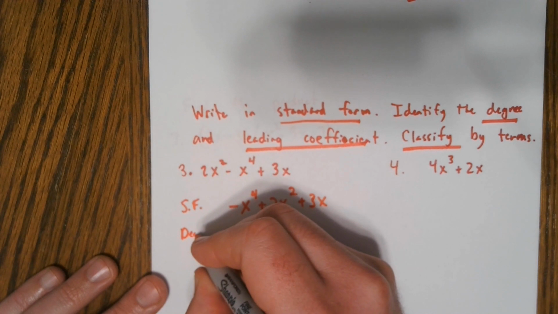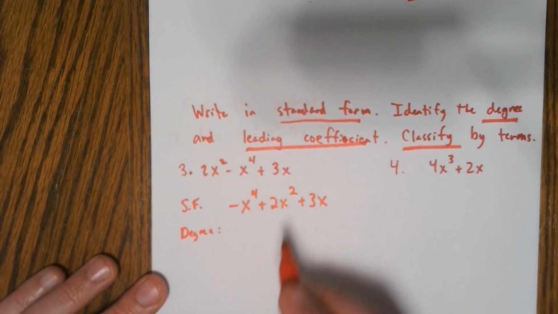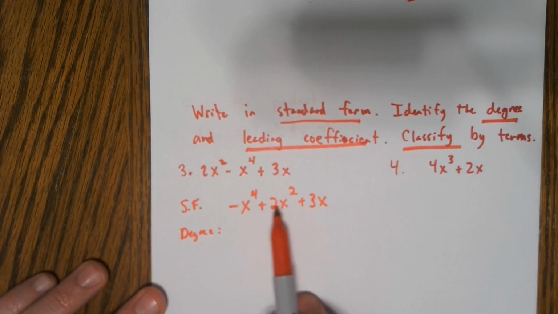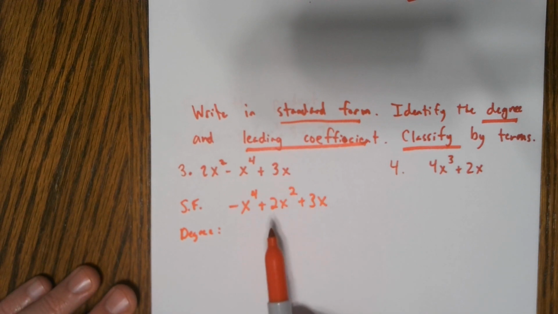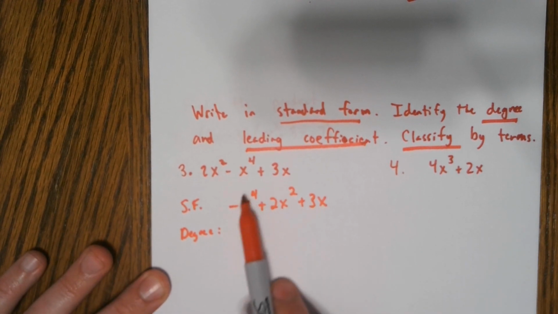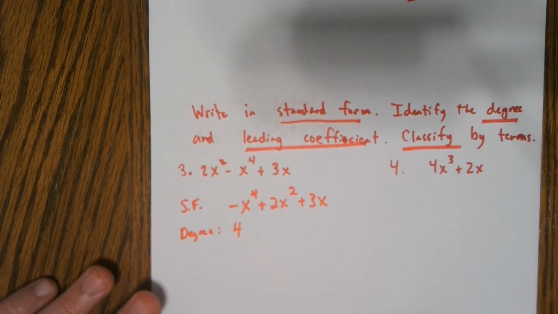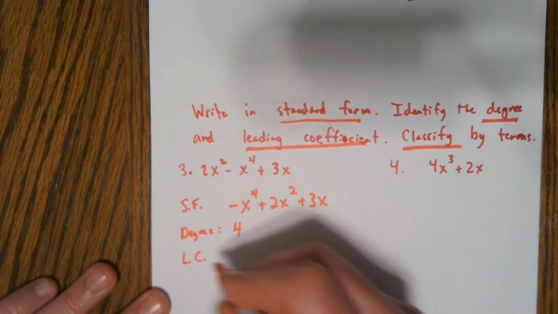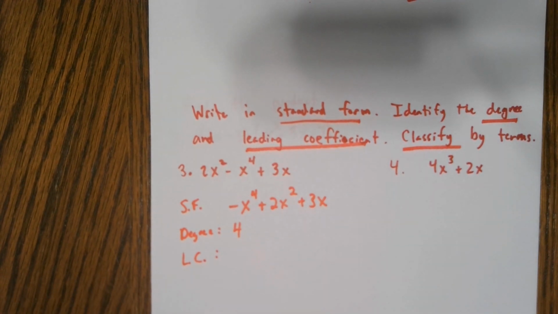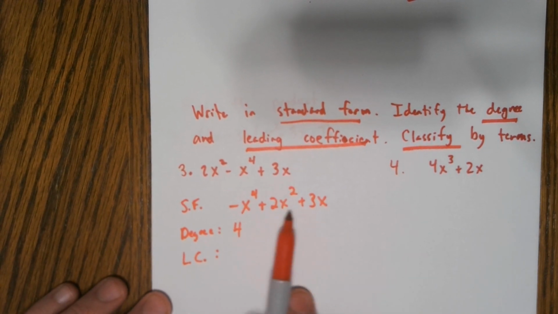To find the degree, again, I don't add them together because they're separate terms, so I'm just looking for the largest one. In this case, it'll be this term right here, and so the degree is 4. My leading coefficient is just going to be the coefficient in the front, or the number in the beginning, or the first coefficient that you see after you write it in standard form.